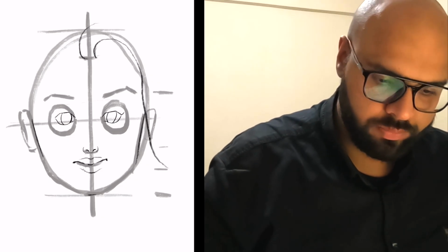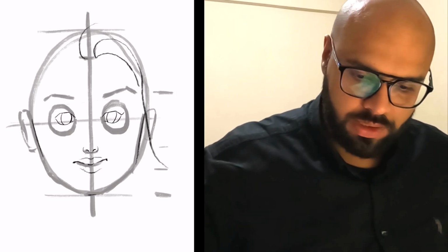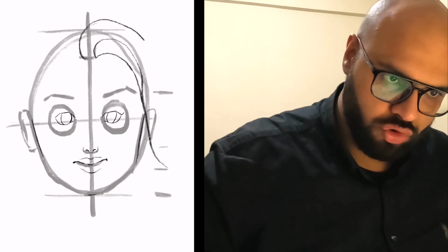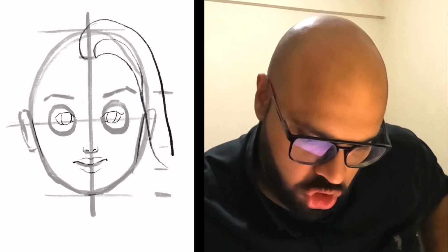So here, this bunch together basically goes to the sideline, and this inner part comes and cuts here. So you are just going to draw the entire shape of it.